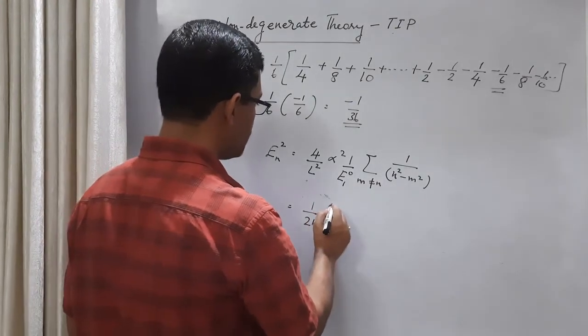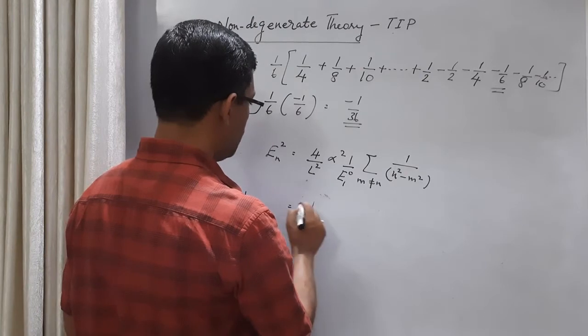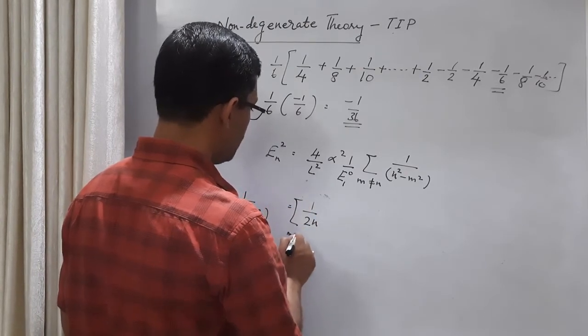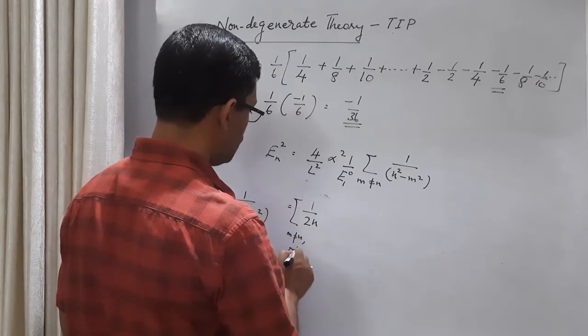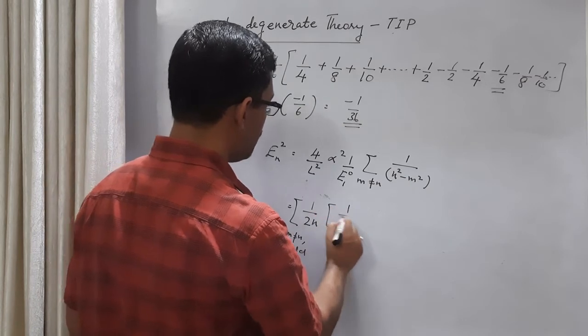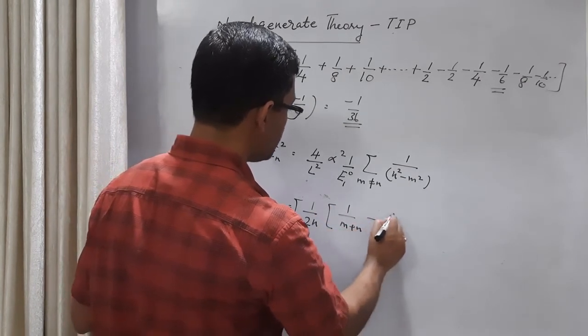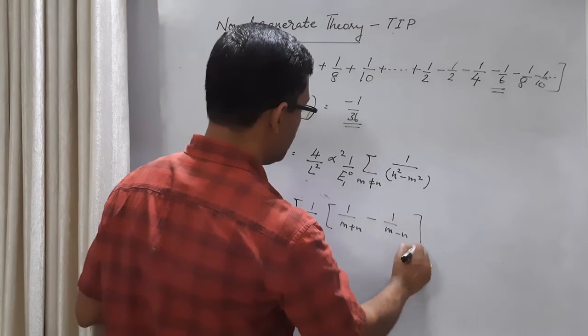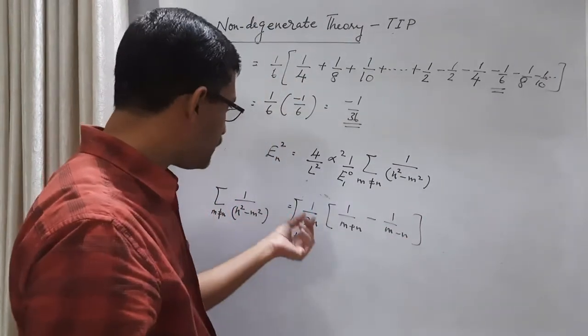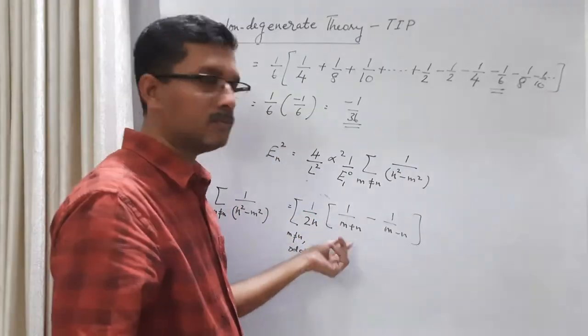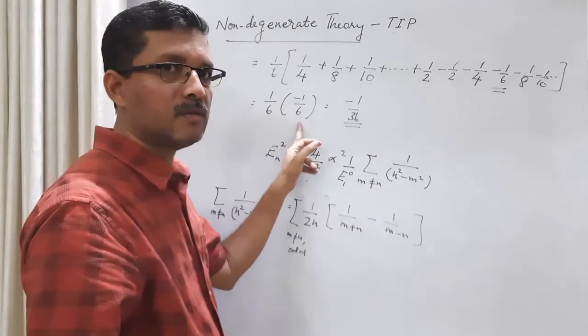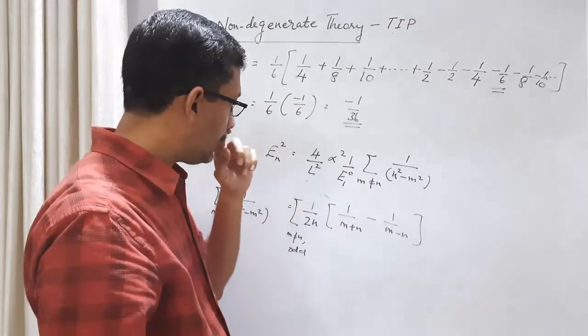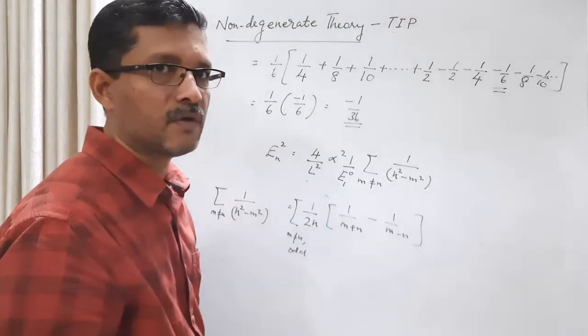We have rewritten this as 1 by 2n summation over m not equal to n of 1 by 2n into 1 by m plus n minus 1 by m minus n, right? Always what we get is this 1 by 2n into, okay, a similar term will remain inside. You will have a minus 1 by 2n.